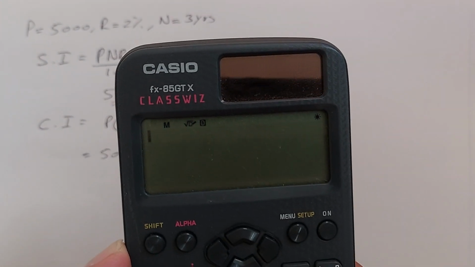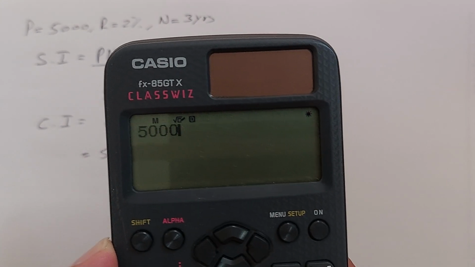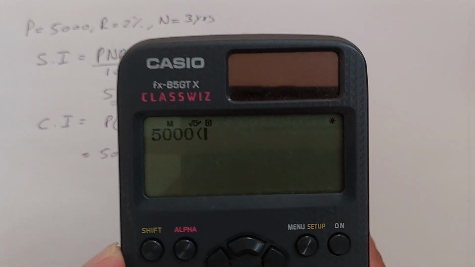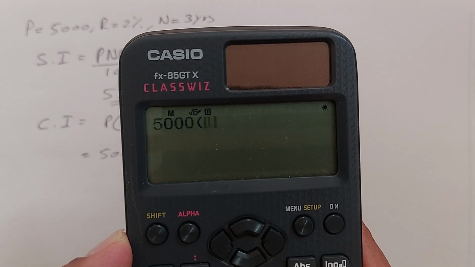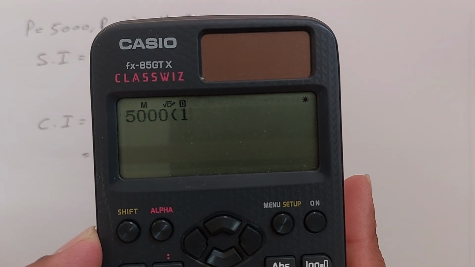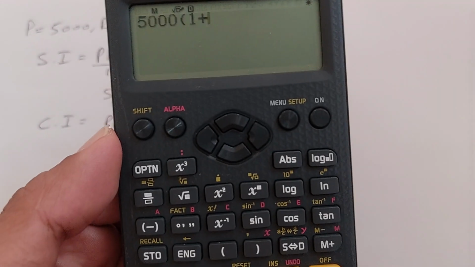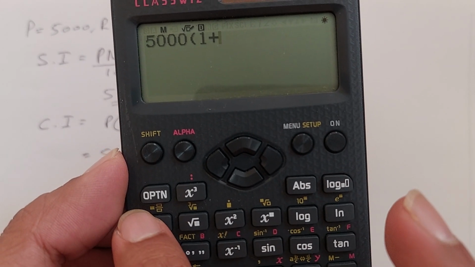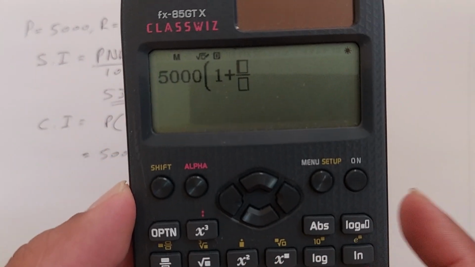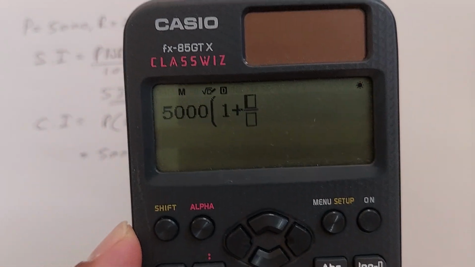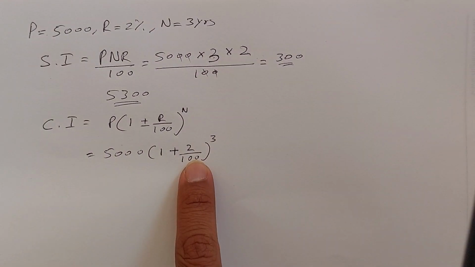Now, you put 5,000, bracket, 1, plus, and you choose this one, the fraction value, which is R. R is given as 2.